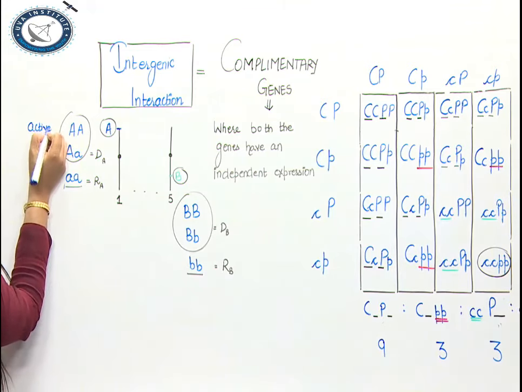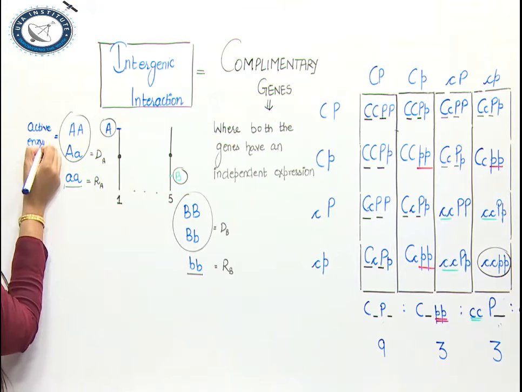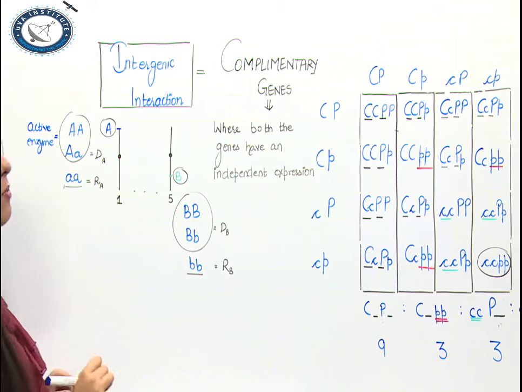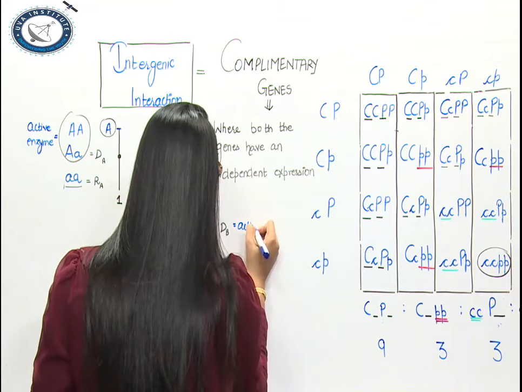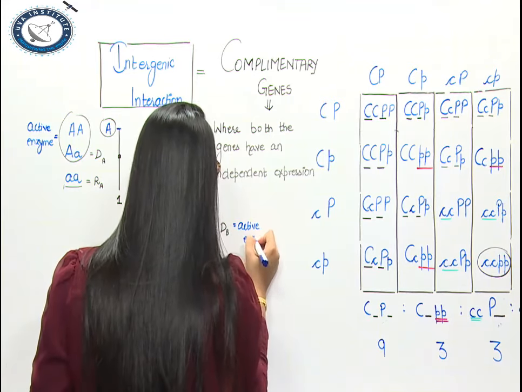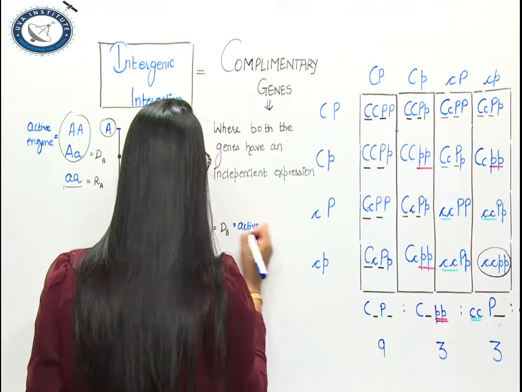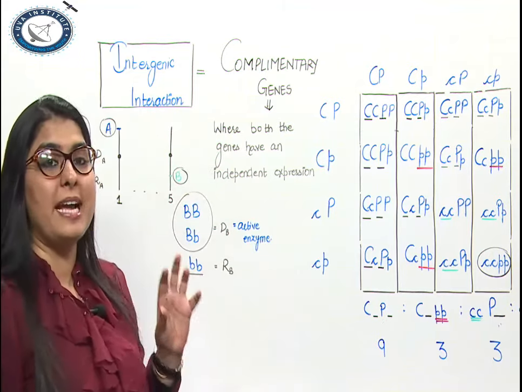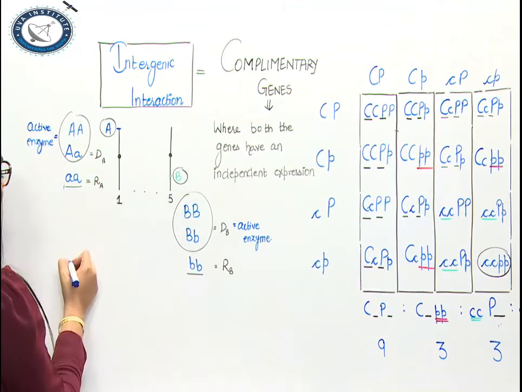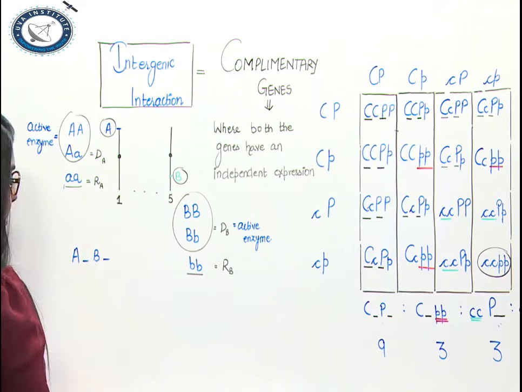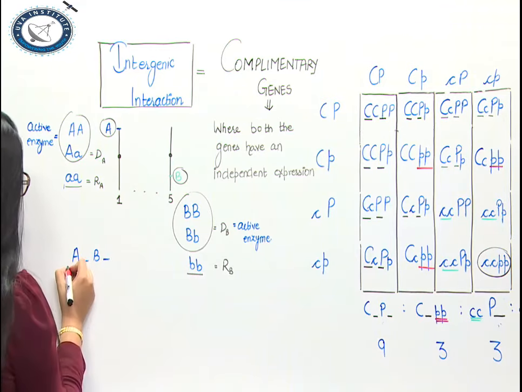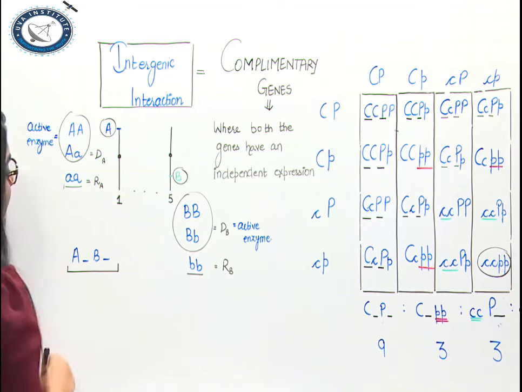They did not give me the active enzyme when they were present in the recessive form. So if I want this metabolic reaction to happen, I want both these active enzymes to be present, and I want the individual to have a genotype with both the genes in the dominant situation, where at least one of the alleles should be dominant.